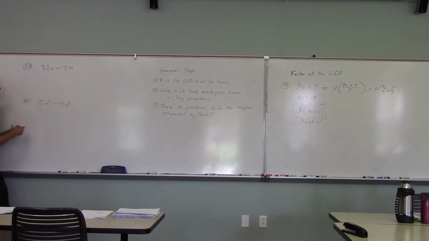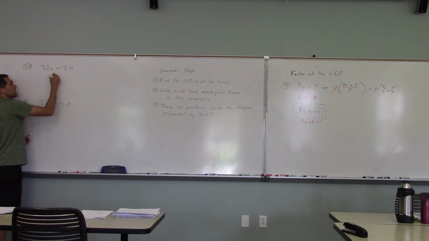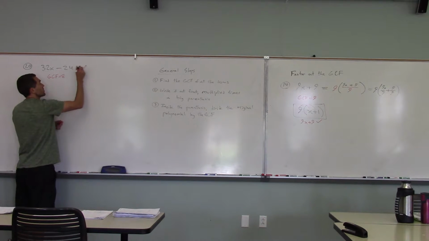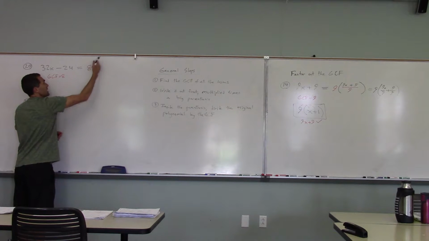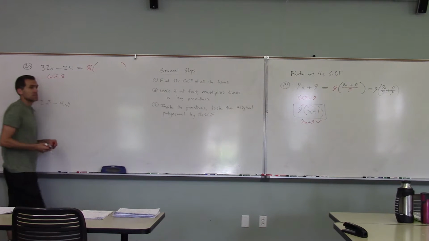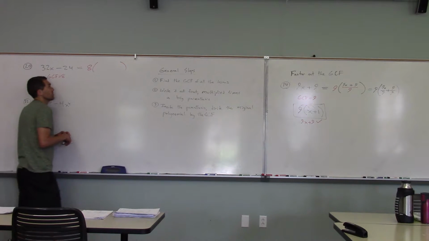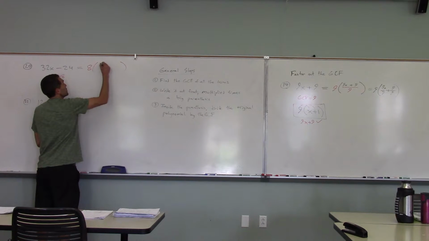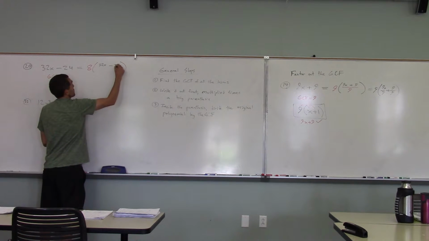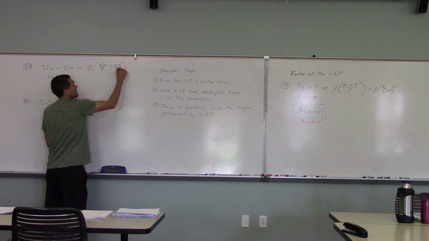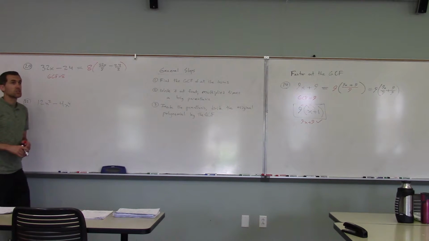So what's the GCF of the first one? 8. Yeah, so the GCF here is 8. So I'm going to first start and say, okay, I've got 8 times some parentheses. In the parentheses, I'm going to divide out the 8 from my original polynomial. So I had 32x minus 24, and I'm going to divide the whole thing by 8, or in other words, divide 8 into each term.